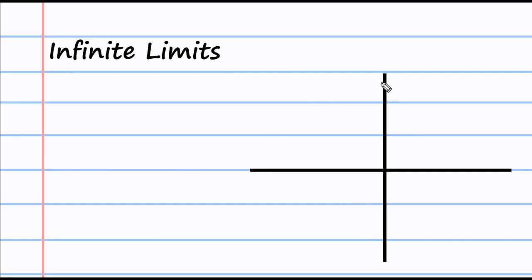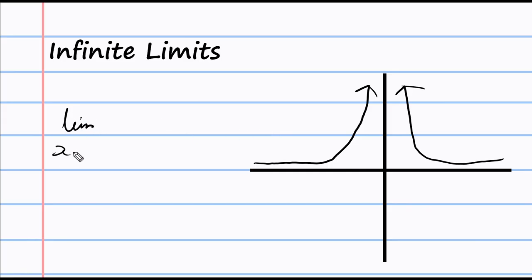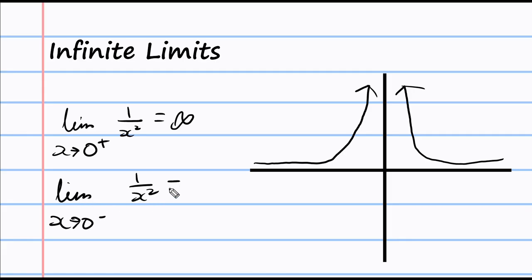However, if I decide to draw the graph of 1 over x squared, it looks something like this. So here, the right-hand side limit is positive infinity, and the left-hand side limit of 1 over x squared is negative infinity.